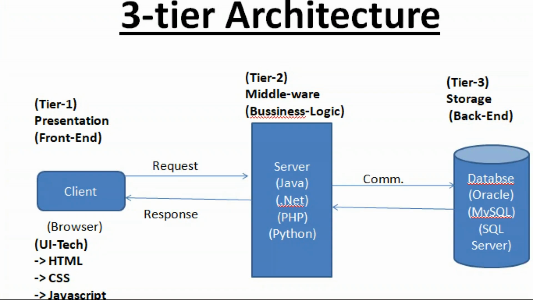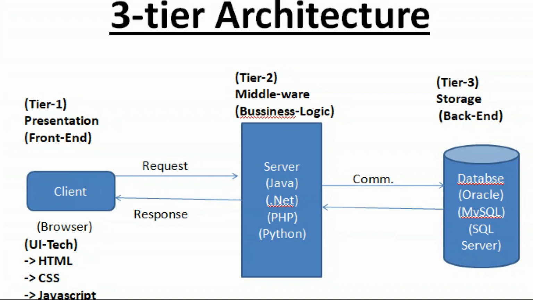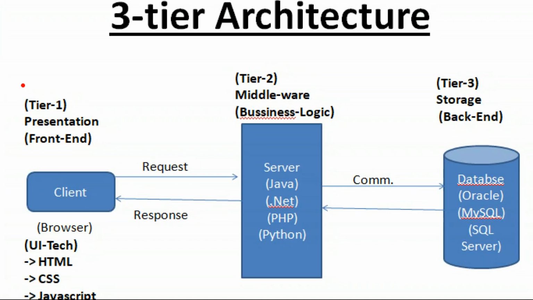The first section is client, the second section is server, and the third section is database. The first section or first layer is called tier 1, presentation layer or front end.